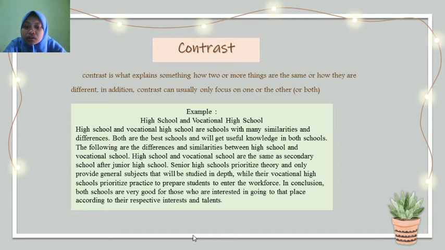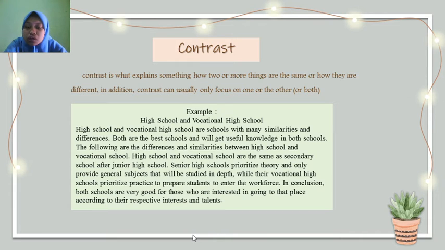The following are the differences and similarities between high school and vocational school. High school and vocational school are the same as secondary school after junior high school. Senior high schools prioritize theory and only provide general subjects that will be studied in depth, while vocational high schools prioritize practice to prepare students to enter the workforce.